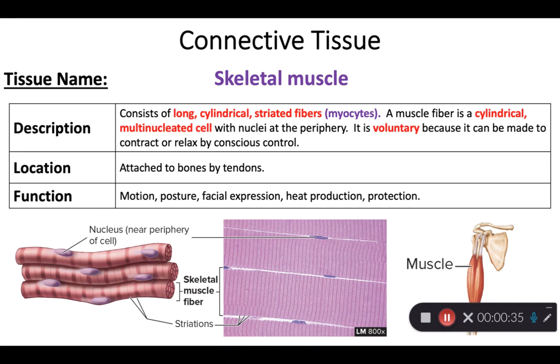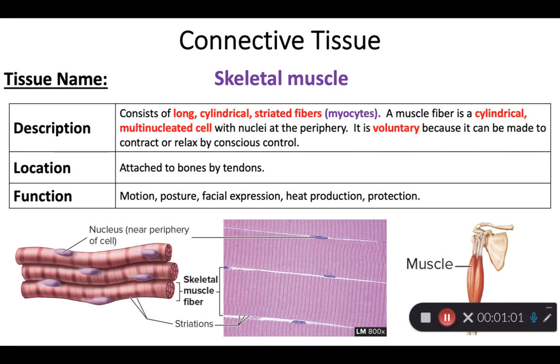There's a few things I want you to focus on when you're comparing the three types. So you have skeletal muscle, cardiac muscle, and smooth muscle. What I want you to look at are obviously the locations. Skeletal muscle is going to be attached to bones. Cardiac muscle is in your heart. Smooth muscle is kind of all over the place in a variety of different organs.